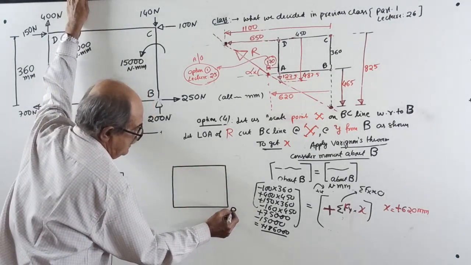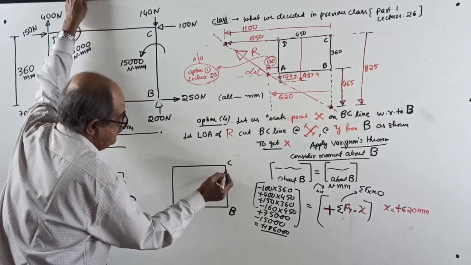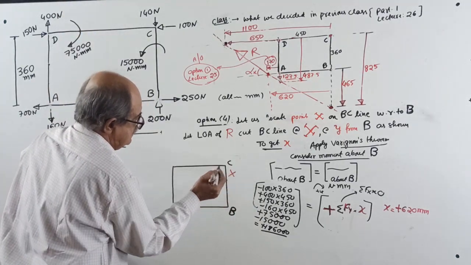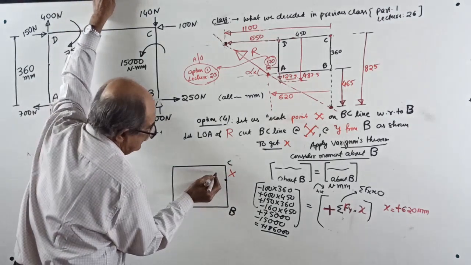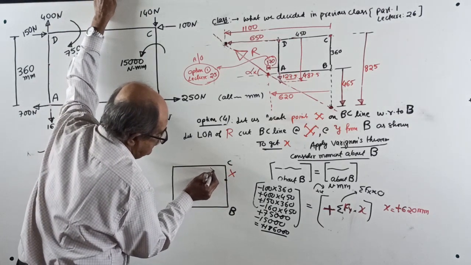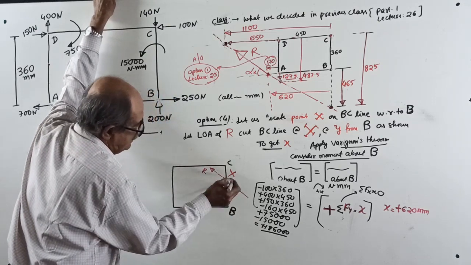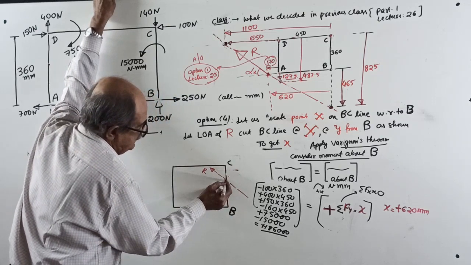This is your B. This is C. We are taking a point here. This is your point X. Through the point X, mark the resultant R here.